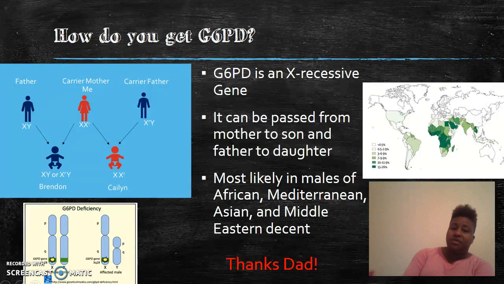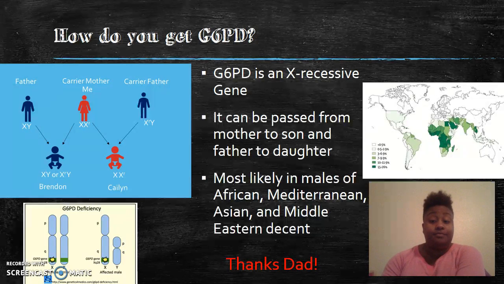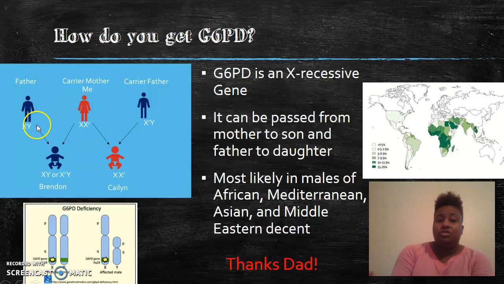So how do you get G6PD? Well, I'm going to tell you a little bit about it because I have it. I am affected by G6PD, and I made my gene chart right here. My son and my husband and my son's father, my husband, do too, and it's passed from mother to son and father to daughter.